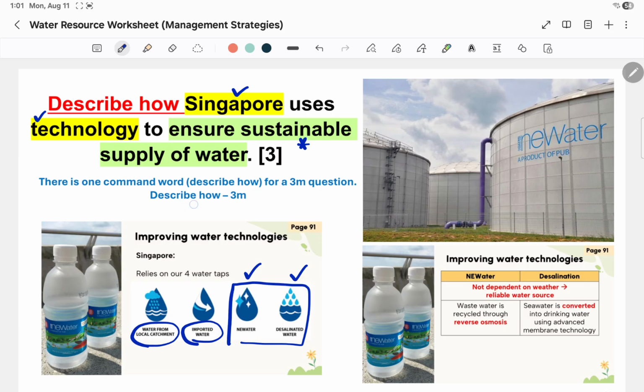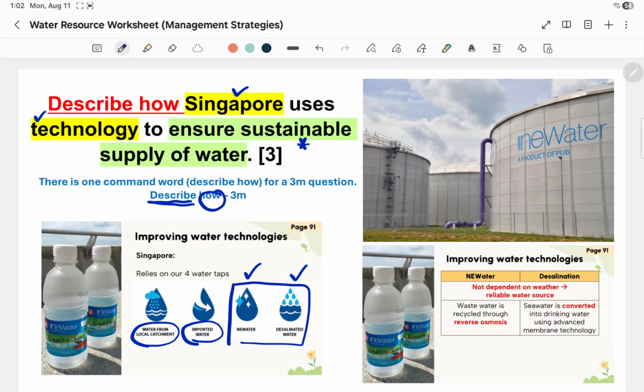And this requires you to describe it. So if you just state that Singapore uses new water, or Singapore uses desalinated water, you have not answered the command word in the question, which is to ask you to describe. Okay, and it's not just to describe where you give details, you must show how technology is used to ensure we have a sustainable supply of water.